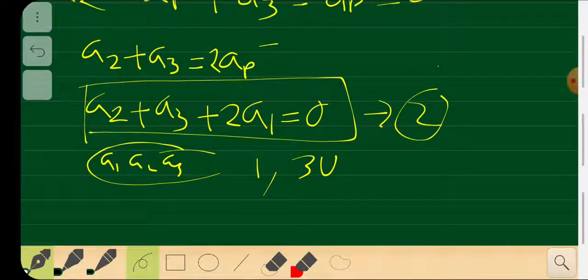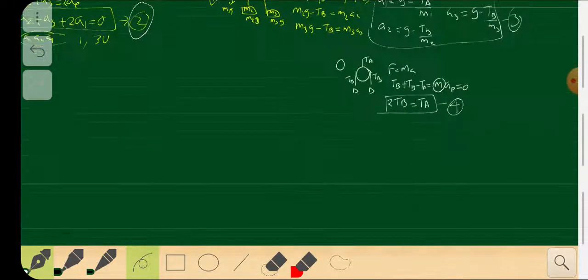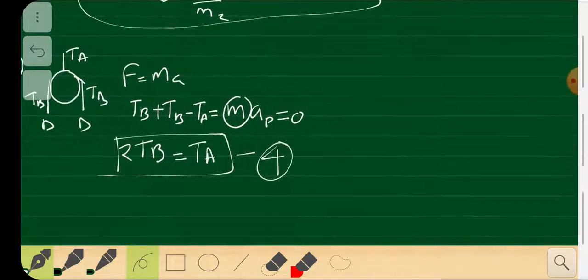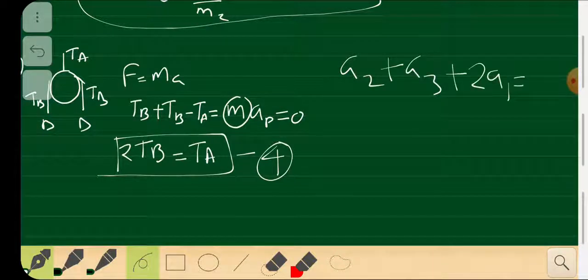This was equation 2: a2 plus a3 plus 2a1 is equal to 0. So I'm going to use that equation here, a2 plus a3 plus 2a1 is equal to 0.